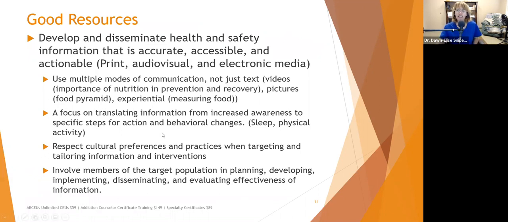Focus on translating information from increased awareness to specific steps for action and behavioral change. One of the things I've heard a lot lately is that sitting is the new smoking and we need to be more active. Well, that's great. What does that mean? And they say you need at least an hour of moderate to vigorous activity every single day. And again, I say, well, that's nice information, but what does that mean? What qualifies as, quote, moderate activity?